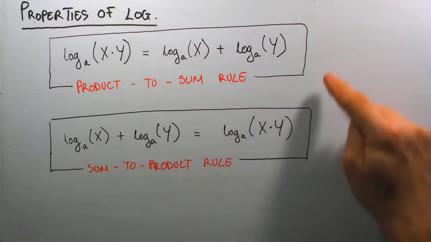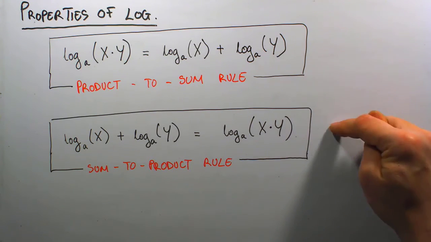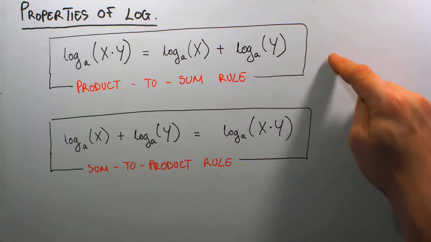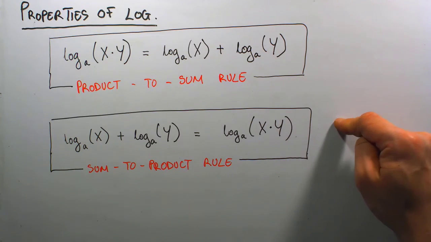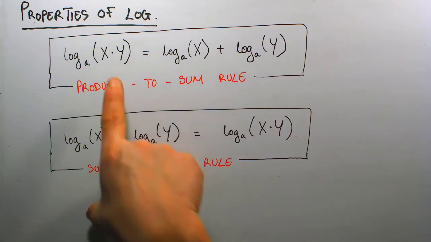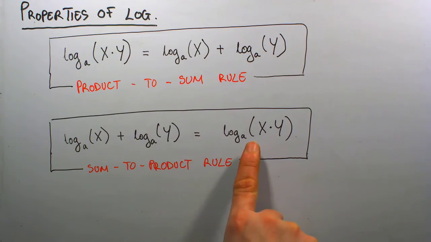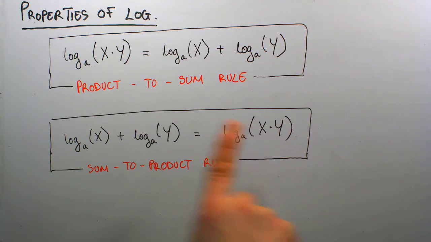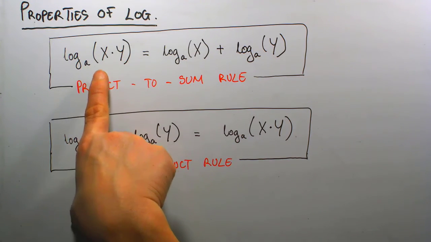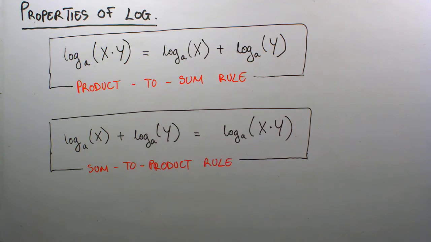And so at this point, I really would like to emphasize that the two formulas here are essentially one property. We can go from a product to a sum of two logs, or from a sum of two logs into a log of a product. Or we can go from a log of a product to a sum of two logs.